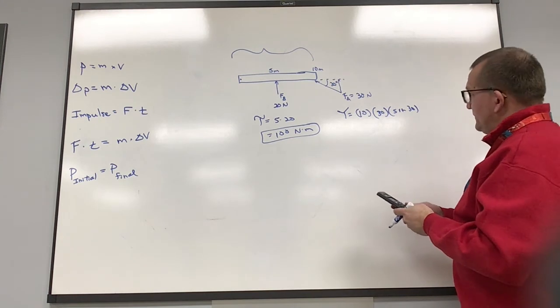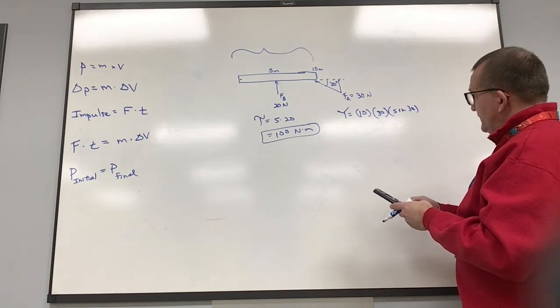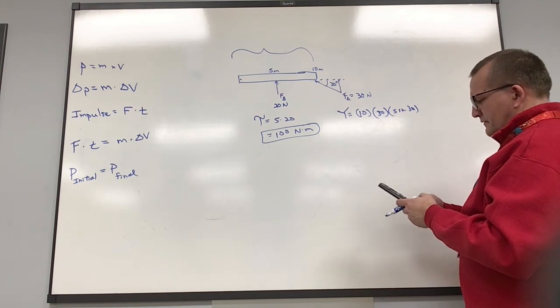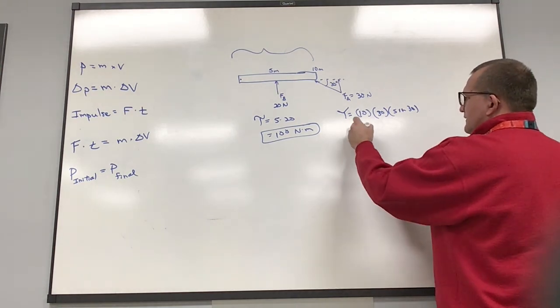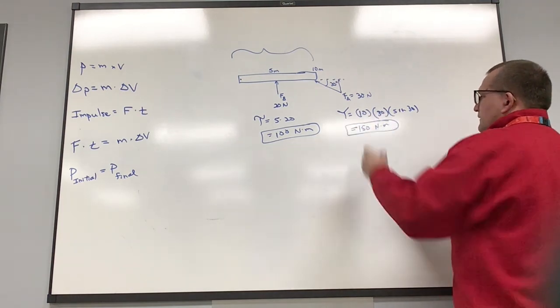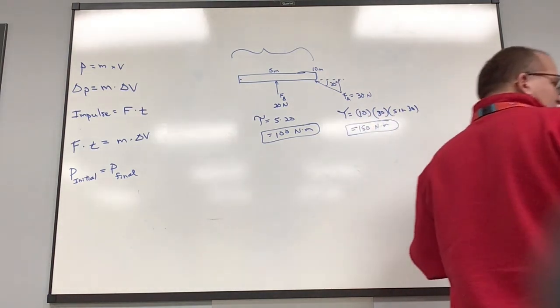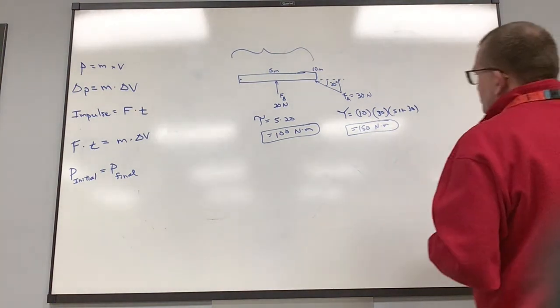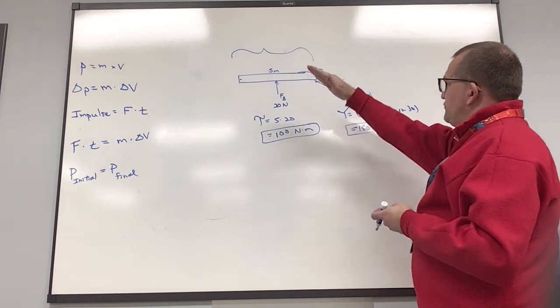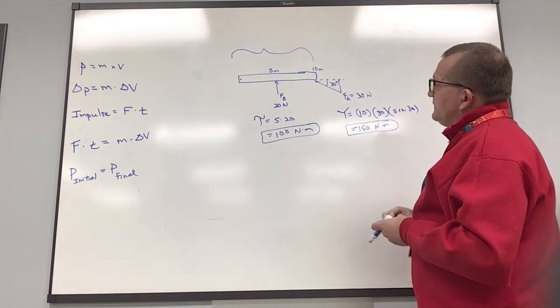I can't do that one in my head. So 10 times 30 times sine of 30, and I get 150. So when we talk about which one exhibits a greater torque, this is still going to be a greater torque, even though we're pushing at an angle, because the distance is far enough.